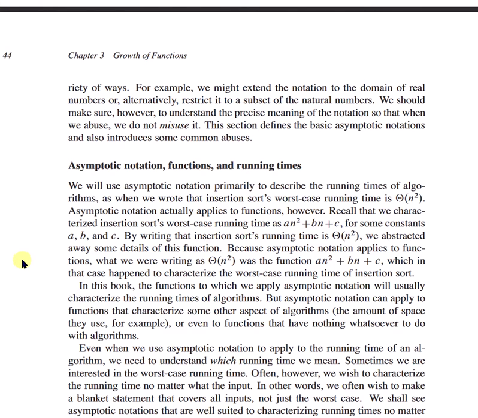By writing that insertion sort's running time is theta of n squared, we abstracted away some details of this function. Because asymptotic notation applies to functions, what we were writing as theta of n squared was the function an squared plus bn plus c, which in that case happened to characterize the worst-case running time of insertion sort.